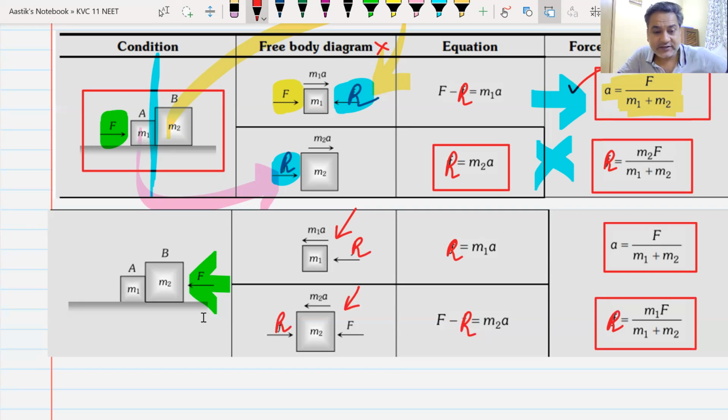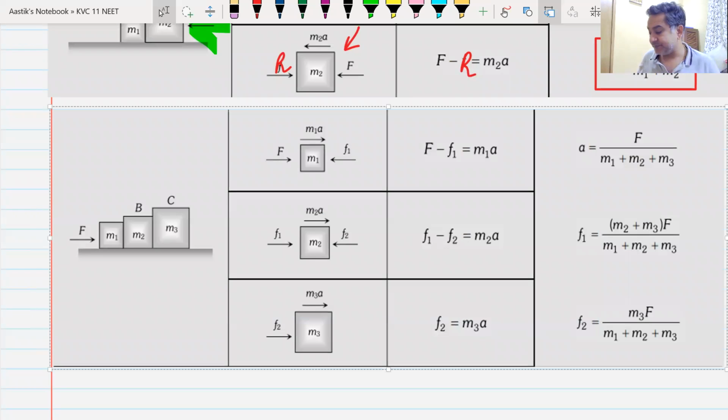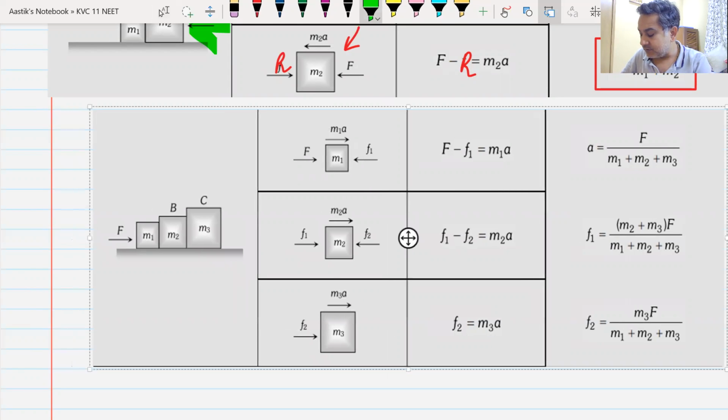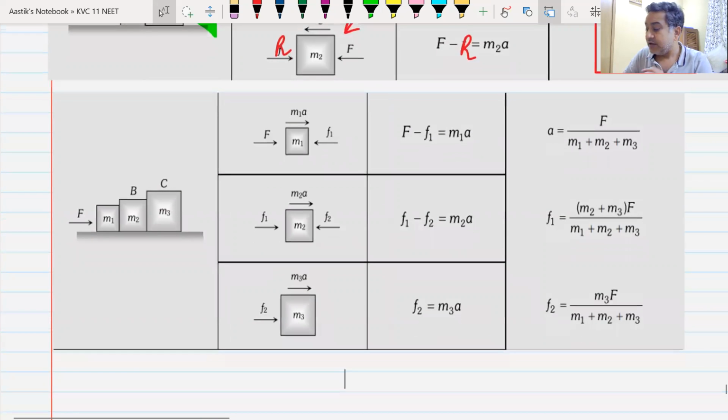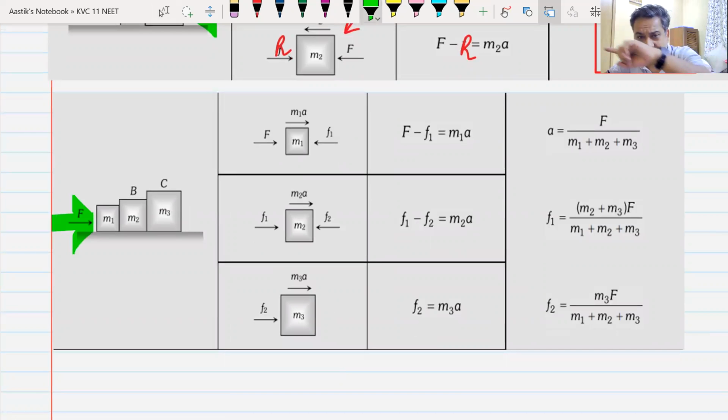Now, in the next case, instead of 2 bodies, we have 3. And there is this force F applied on the 3 bodies together. Now remember, if they want to make a difficult question, they can ask you F1, R1 and R2 as well.